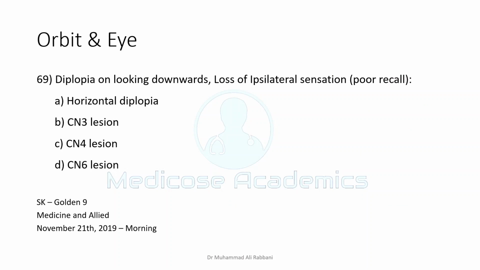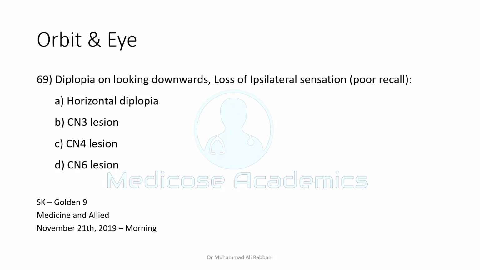Diplopia on looking downwards. They have said that it is a poor recall question. Diplopia on looking downwards and loss of ipsilateral sensation. This particular component is very much answerable. When we look downward and there is diplopia, this means that the affected eye is unable to look downwards.